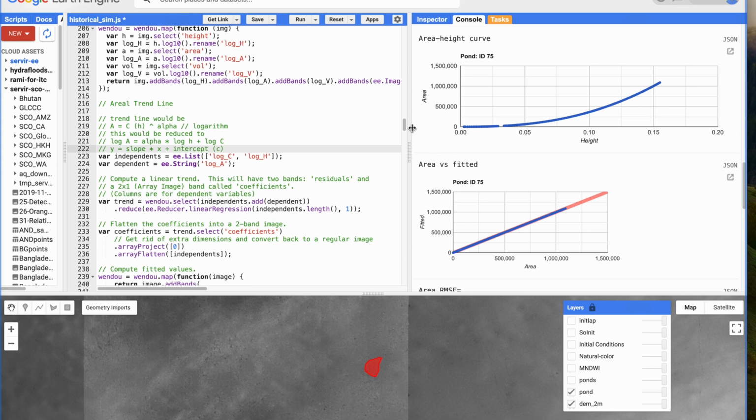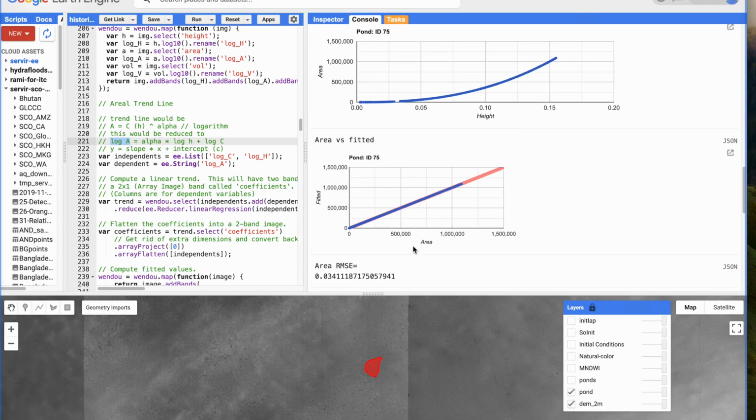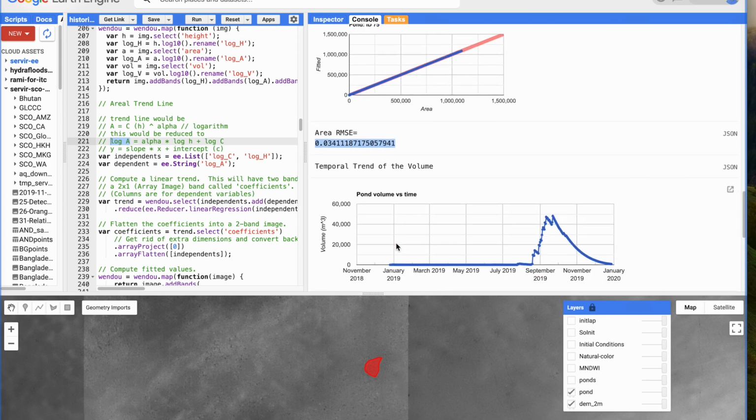So assuming that it should follow this equation, we then go back and calculate the dependent component, which is your log A in this case. It's basically calculating that area, which is the same area that you see in the area versus height curve, and then the fitting is based on that logarithmic fitting, and that's the RMSE value that you're seeing.